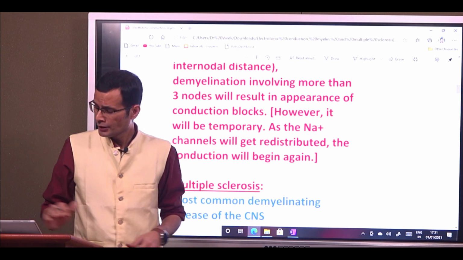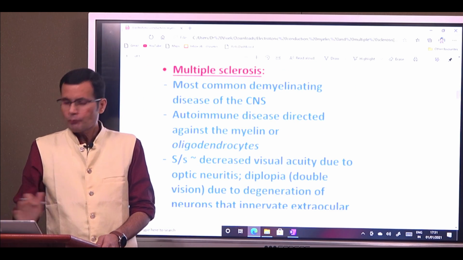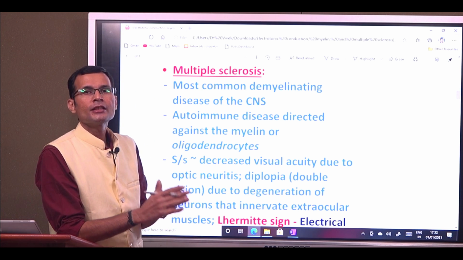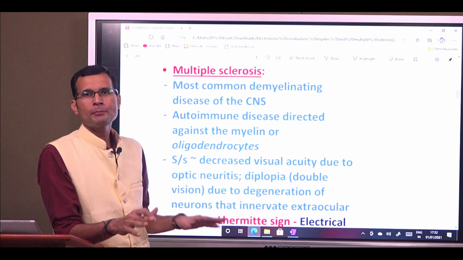That's the max. So, we will come to that in a moment. Let's now discuss multiple sclerosis with all this background in mind.